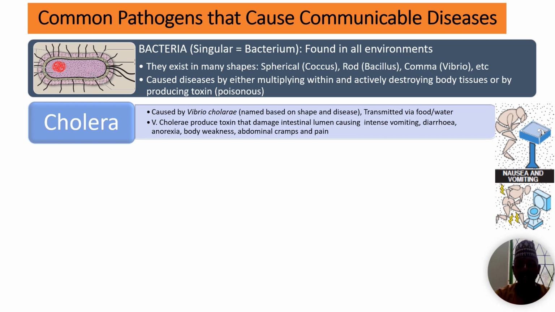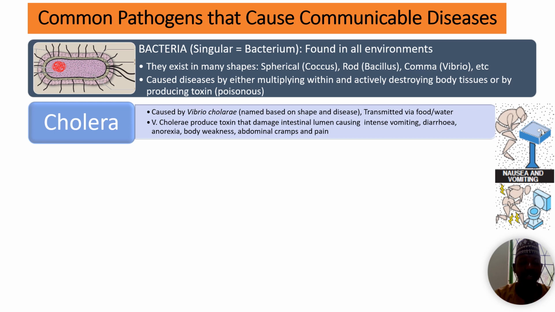It is generally caused by a comma-shaped bacterium called Vibrio cholerae. As we mentioned in the bacterial shapes, the comma-shaped bacteria are called Vibrio. So Vibrio cholerae is named based on its shape and the disease it causes.